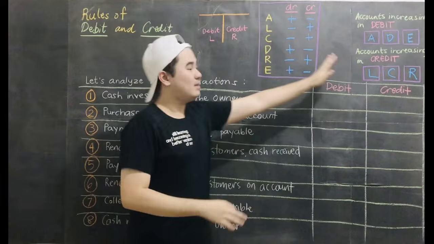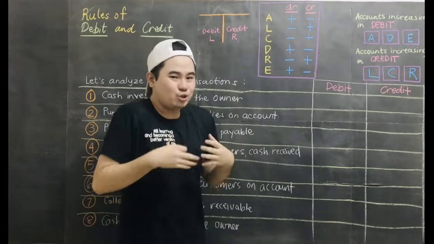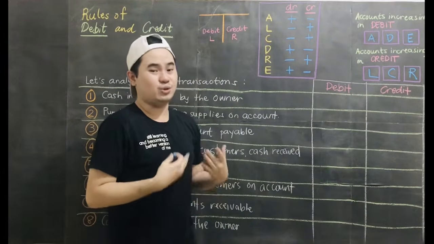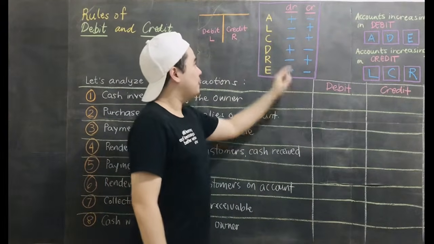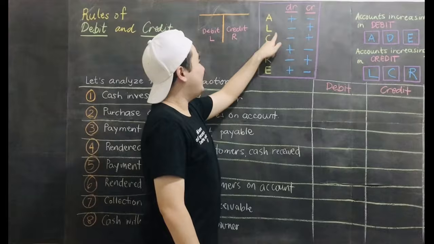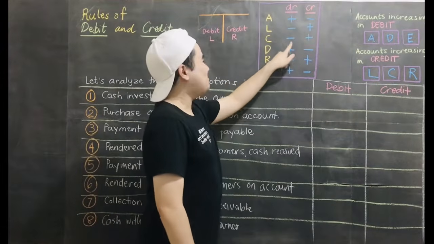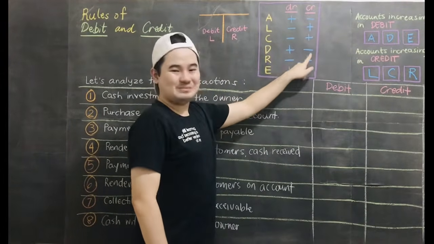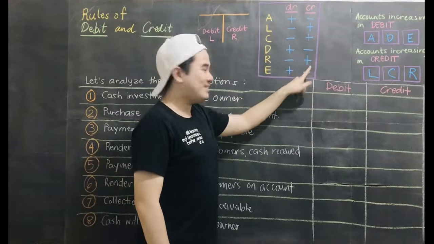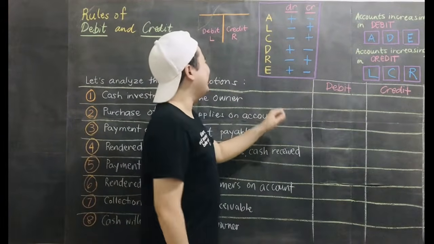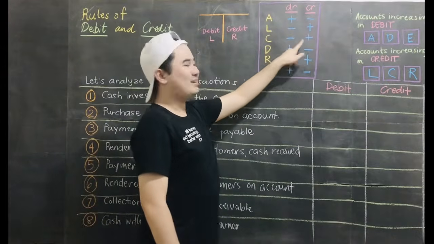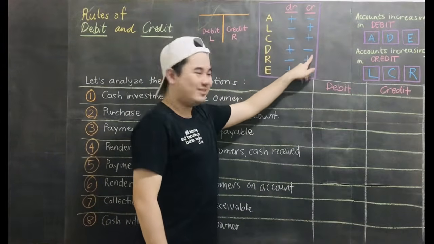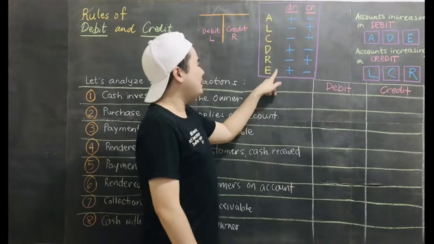So it's up to you how you can better memorize the rules of debit and credit. You can use this: A plus minus, L minus plus, C minus plus, D plus minus, R minus plus, E plus minus. Again, A plus minus, L minus plus, C minus plus, D plus minus, R minus plus, E plus minus.